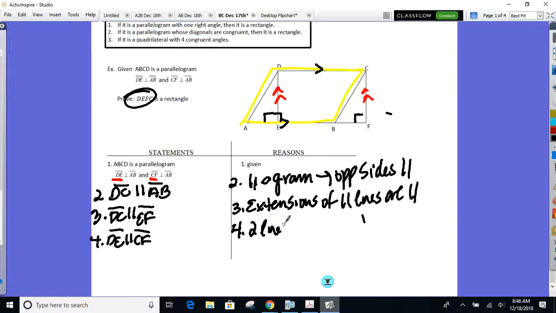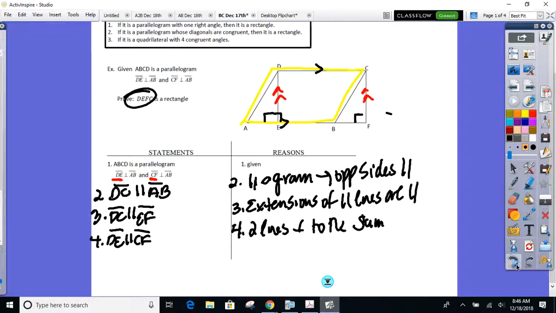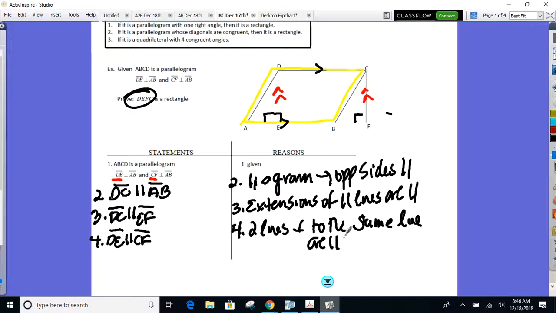Two lines perpendicular to the same line are parallel to each other. Now do I have a parallelogram? Is DEFC a parallelogram? Yes!